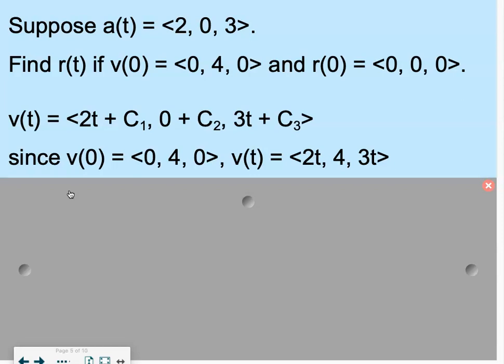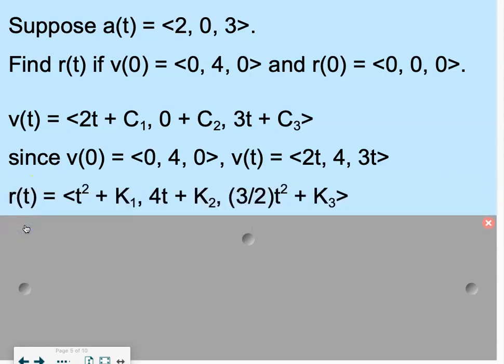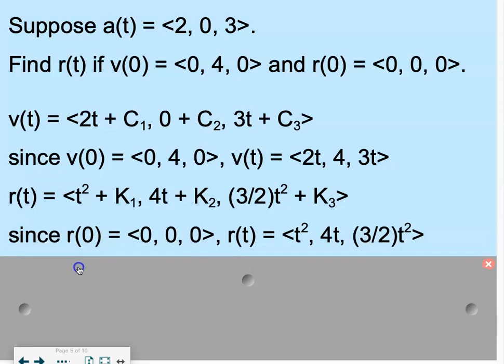Then you anti-differentiate again, so you get t squared plus k sub 1, 4t plus k sub 2, and 3 halves t squared plus k sub 3. But since r of 0 is 0, 0, 0, your constants end up being 0, 0, 0. So your final r of t is t squared, 4t, and 3 halves t squared.